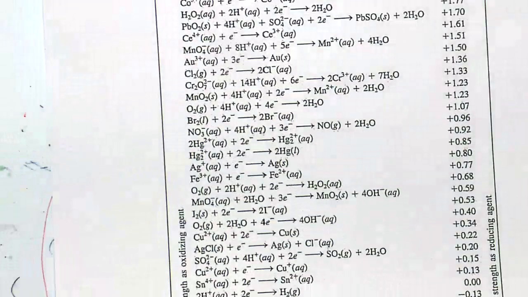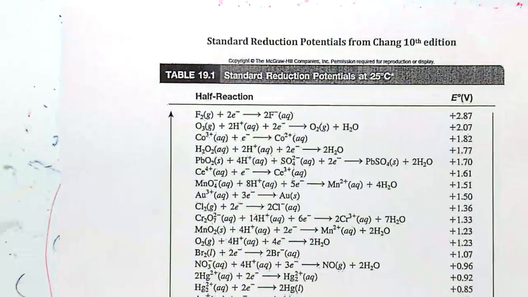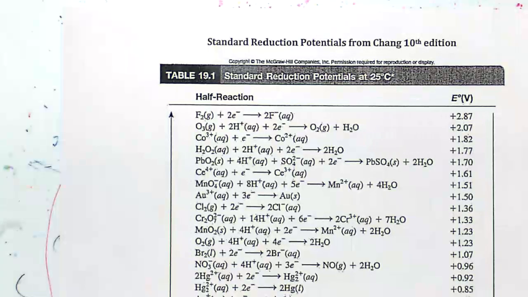Let's move on here. Now there's something that you can use on your exam, and that's the reduction potential table. So let me get that out. Okay, now I'm going to teach you how to read this thing.